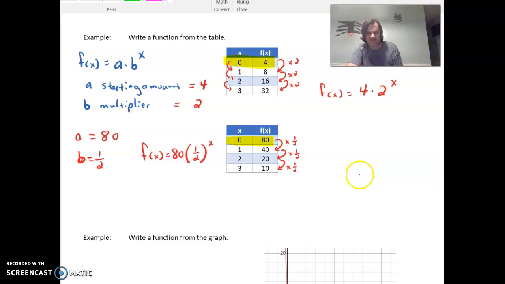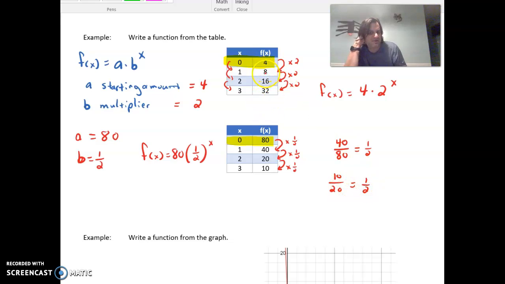But very quickly, let me show you another way to get this b if you do not recognize what's going on. You can take one output and divide it by the previous one. So 40 divided by 80 would be 1/2, or 10, the last one here, divided by the previous one, 20, would be 1/2 as well.